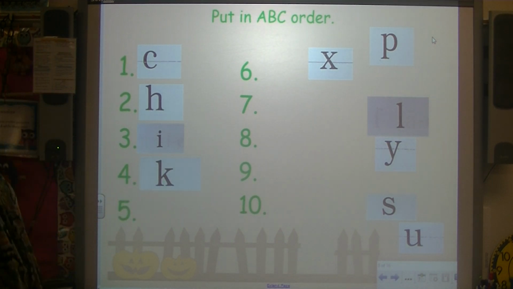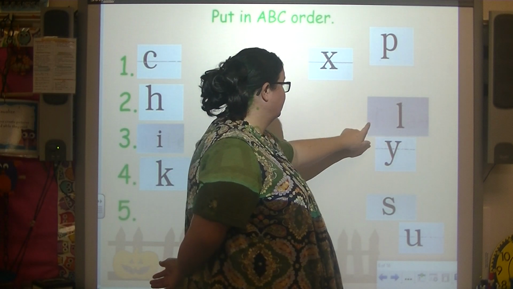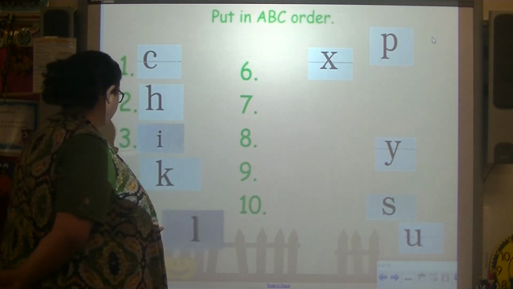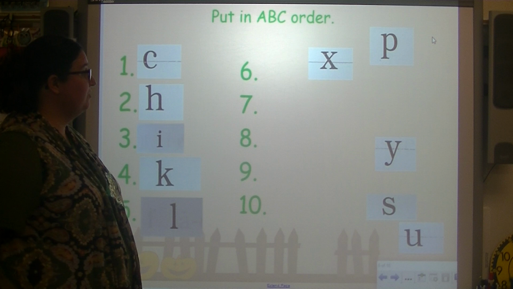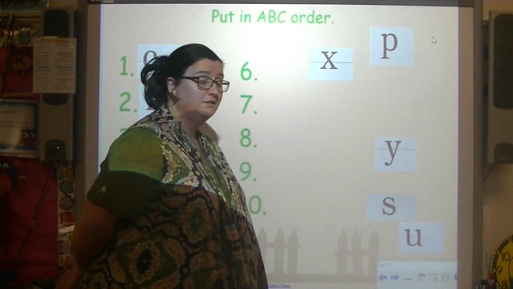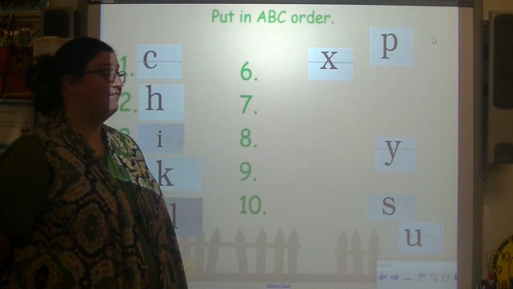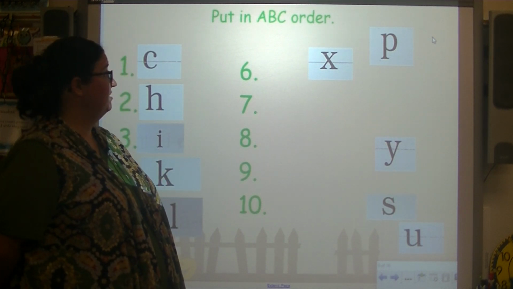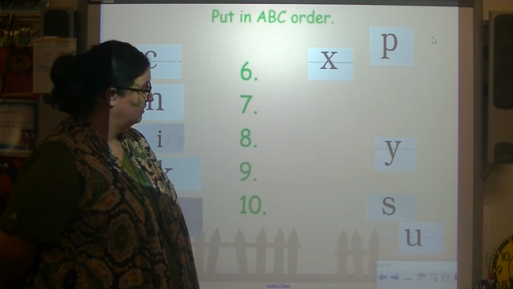After K is L. Do we have an L? Yes. After L is M. Do we have an M? No. N. Do we have an N? No. O. Do we have an O?